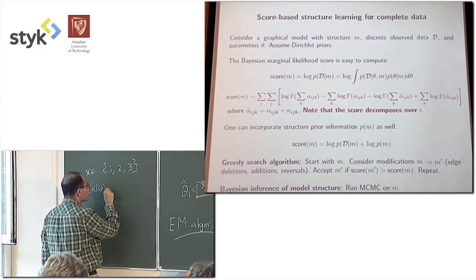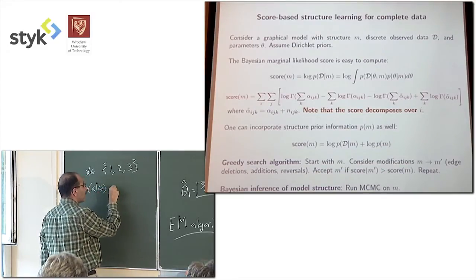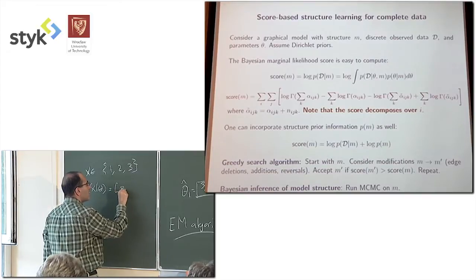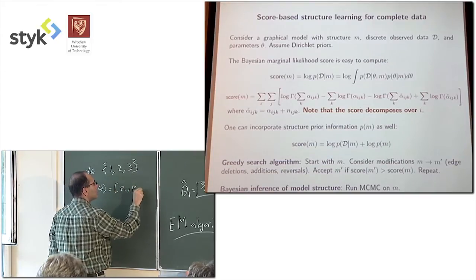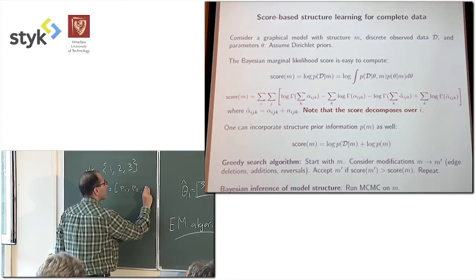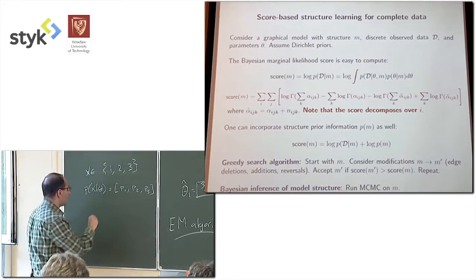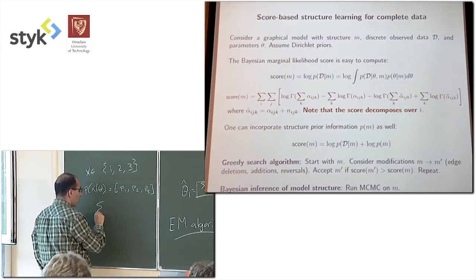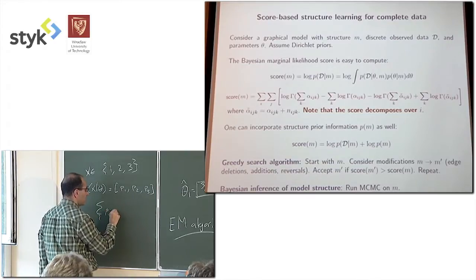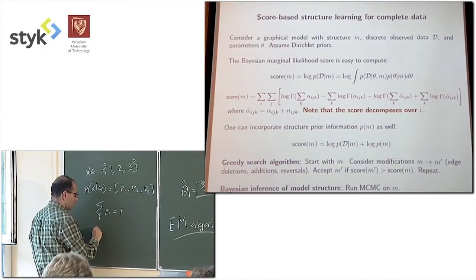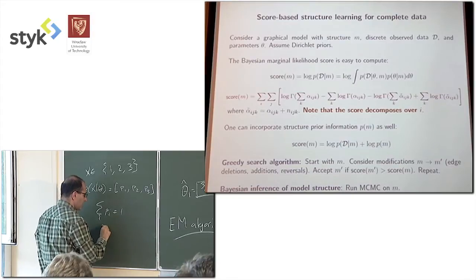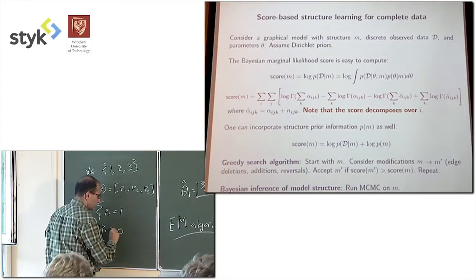This probability distribution is parameterized by a vector, let's call it P1, P2, P3, where we know that the sum over i of the Pi equals 1, and that all the Pi are greater than or equal to 0.